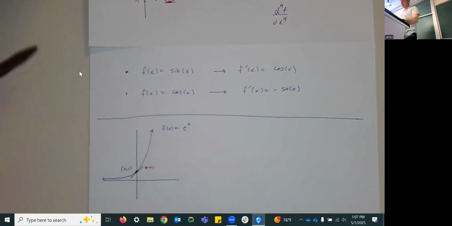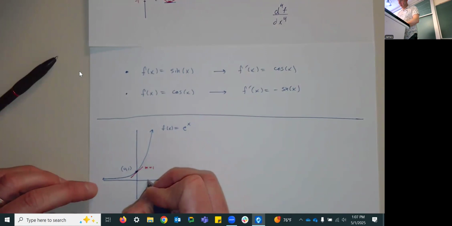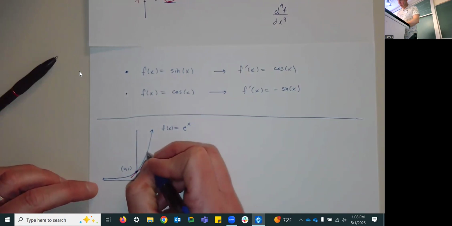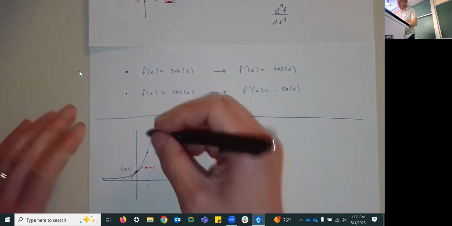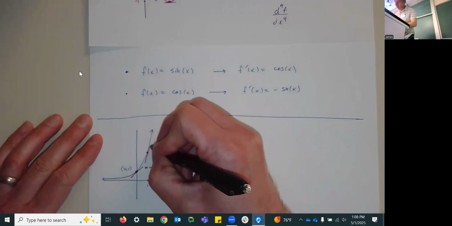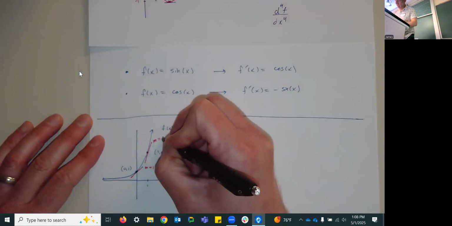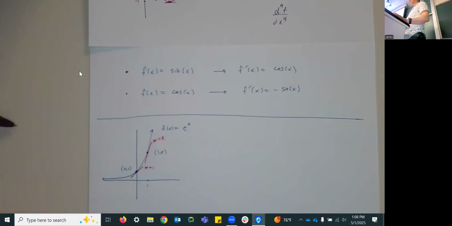And I'll just pick one other point here. Over here at 1, e, the slope of the tangent line there is e. Or more generally, for any point on the exponential curve, the slope of the tangent line is equal to the y value.